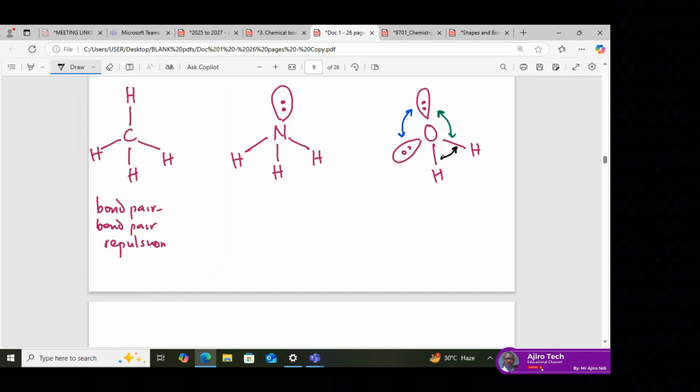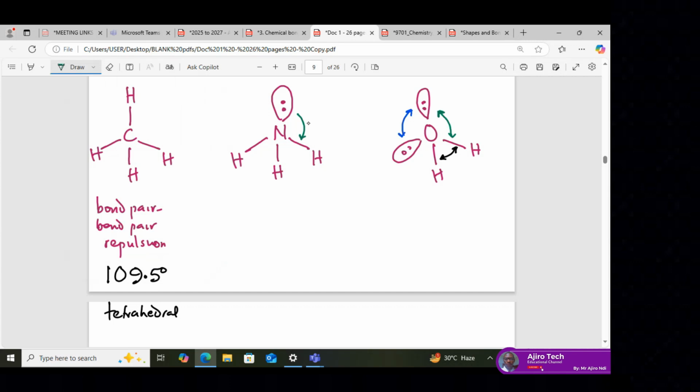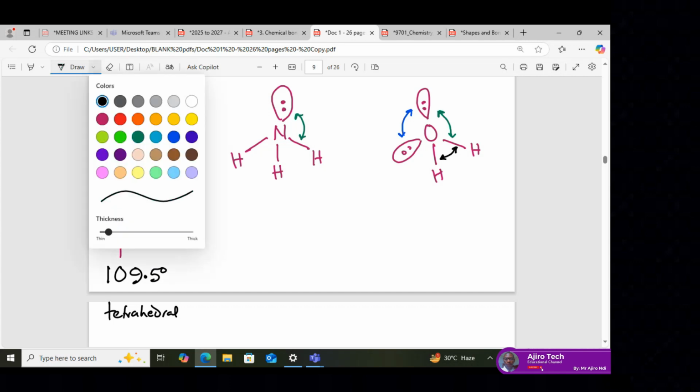Bond pair repulsion. Now, when all the bond pairs are there, and there's no lone pair, the bond angle is 109.5 degrees, and that is tetrahedral. When one of them is now a lone pair, the repulsion here, lone pair, bond pair, is more than the repulsion here.